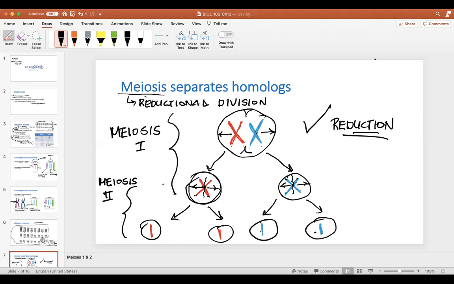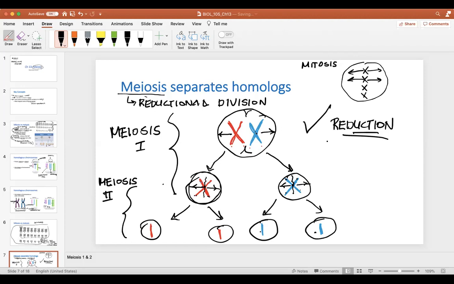And the secret is going to be that when the chromosomes line up, remember that in mitosis with a T, the chromosomes during metaphase lined up in single file fashion, and then they got pulled apart.